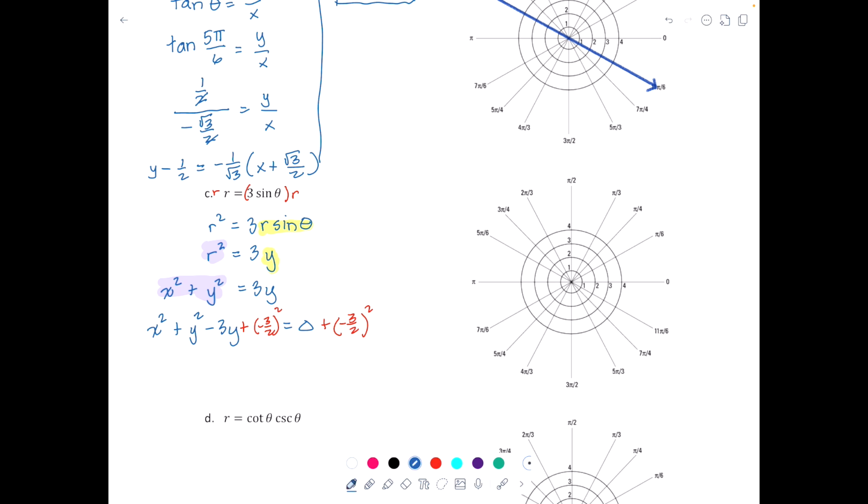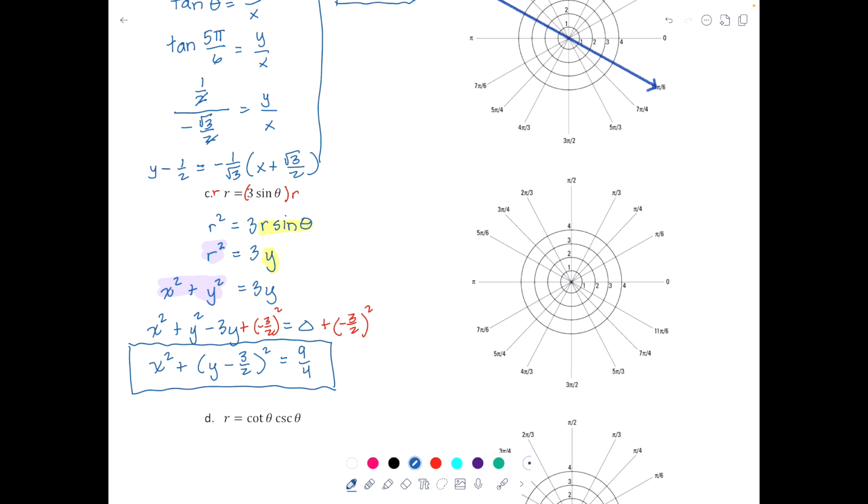So I'll get x squared plus the quantity y minus 3/2 squared equals 9/4, which is 3/2 squared. And so that's our equation.